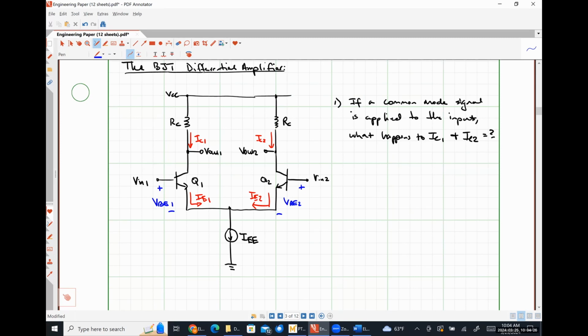If IC1 is equal to IC2, our emitter currents also have to be the same. And according to Kirchhoff's current law, they must both be equal to IEE over 2.